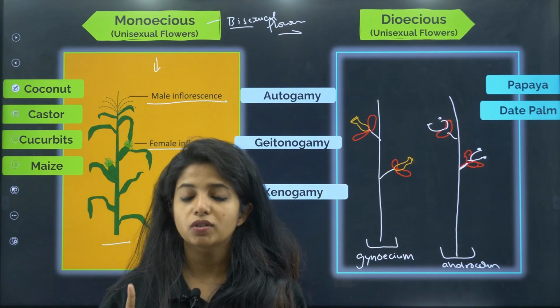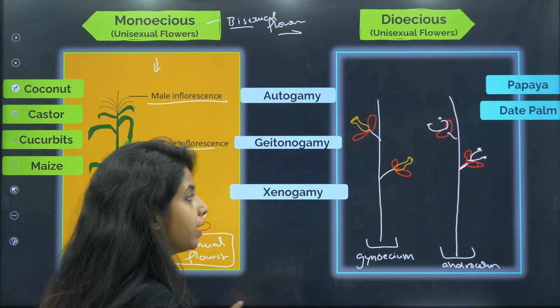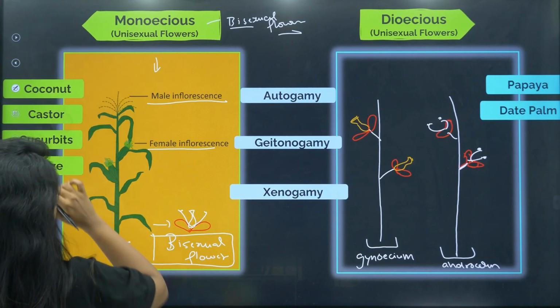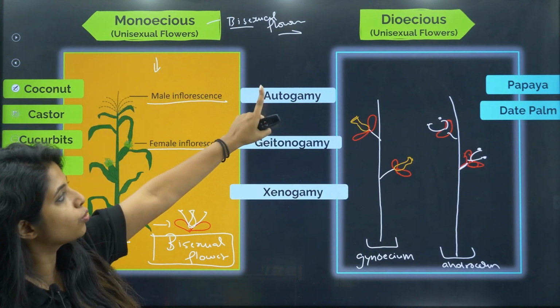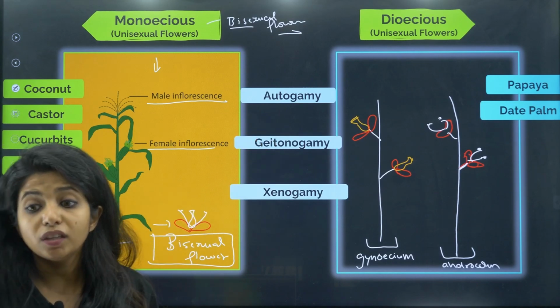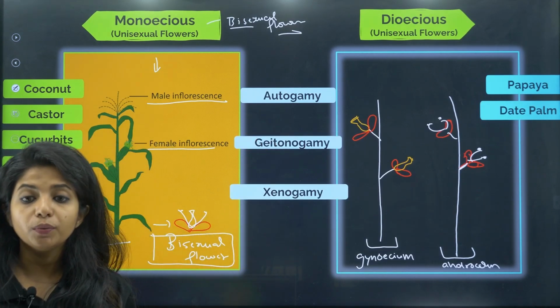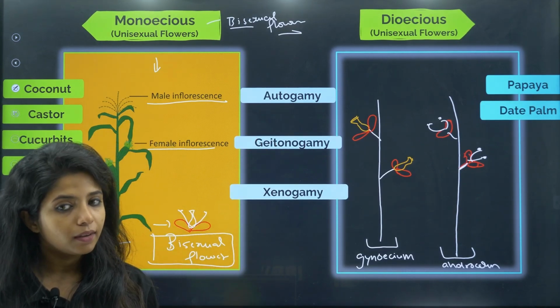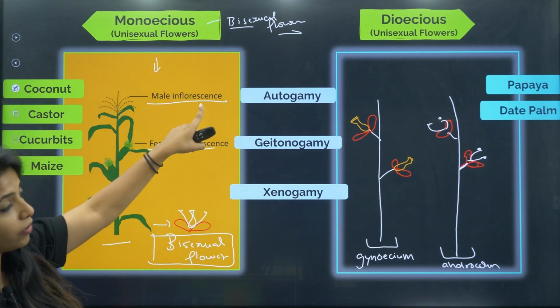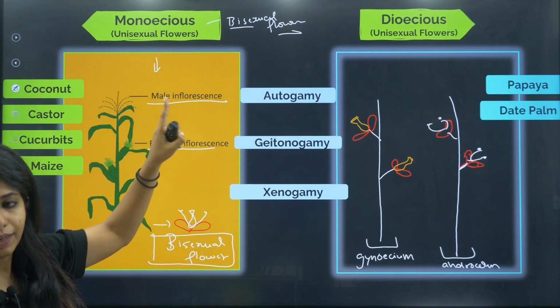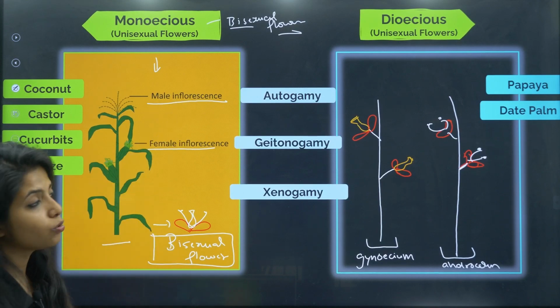Now, you have to answer me 3 questions. This plant, that is monoecious, can it show autogamy? What do you mean by autogamy? I am talking about this one, where the flowers are unisexual. Where the flowers are unisexual, can they show autogamy?